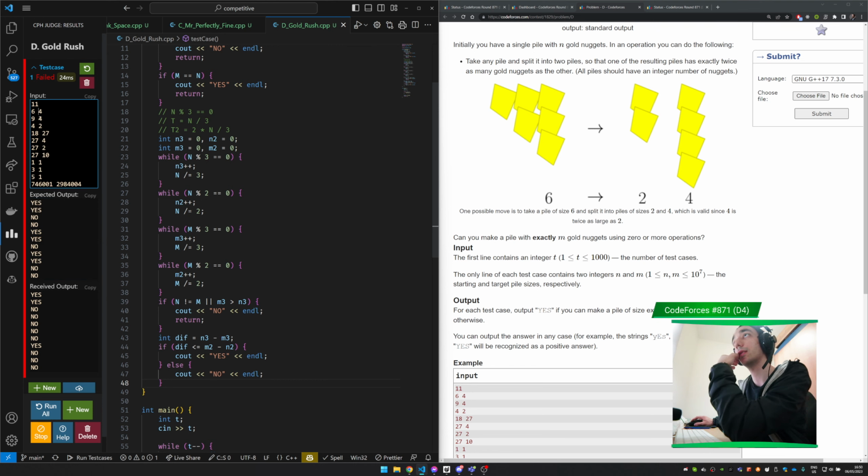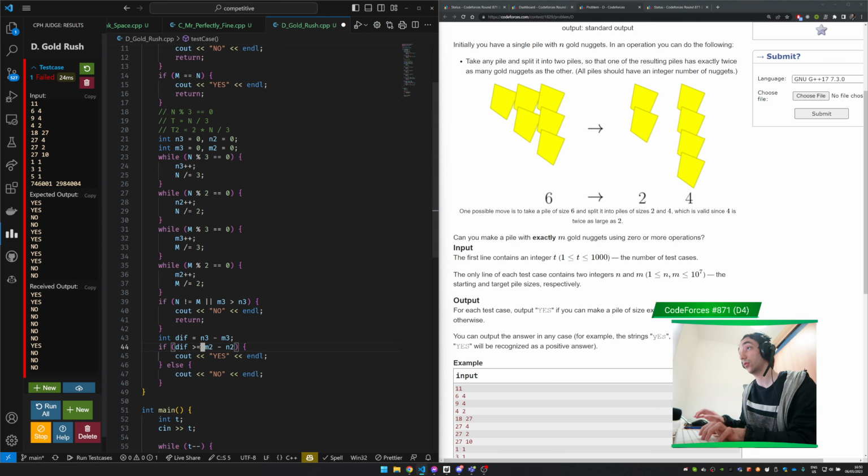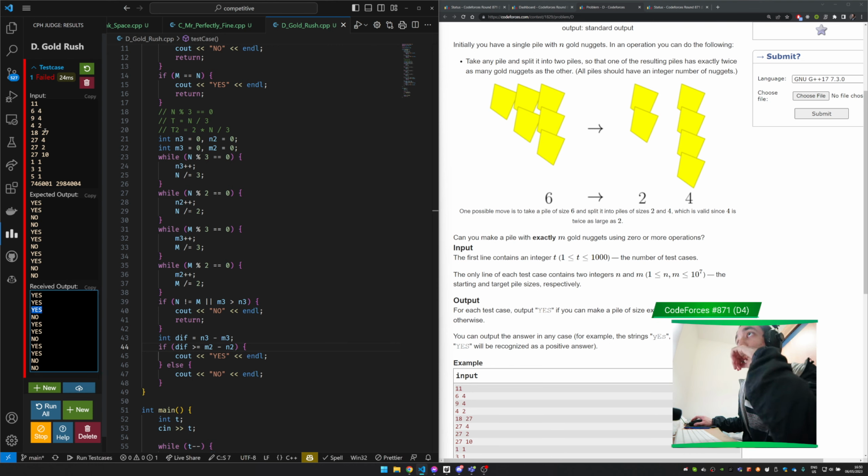What is this fifth case? 0, 1, 2, 3, 4, 5, 4. So we have 2 2's here and 3 2's here. That difference should be bigger or equal to that difference. Okay, here is what? So the difference is like 0 here.